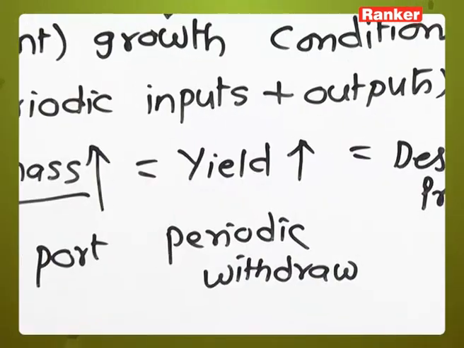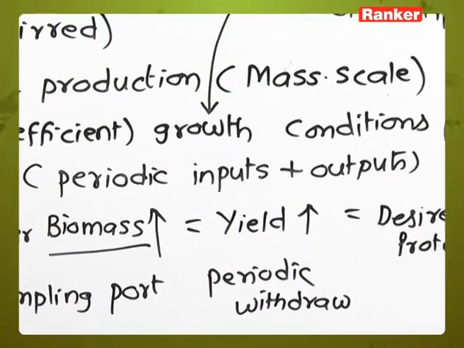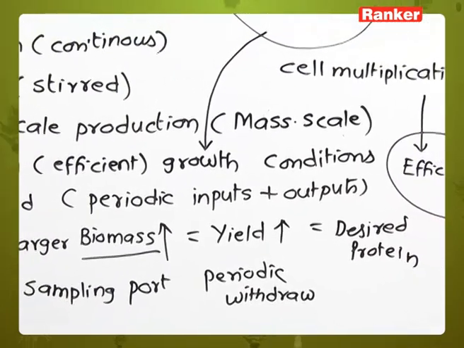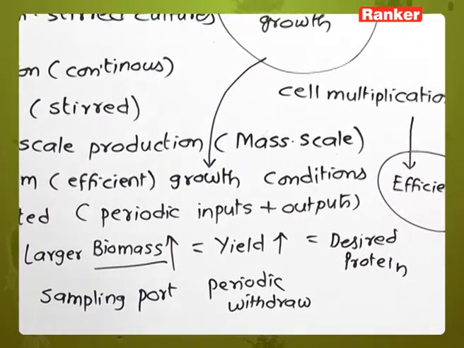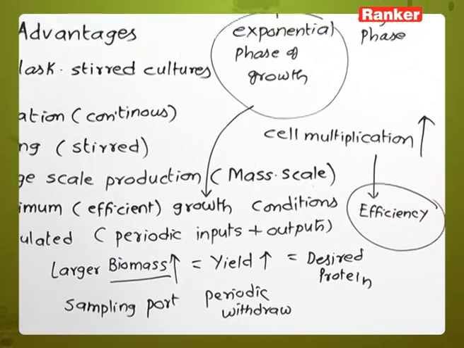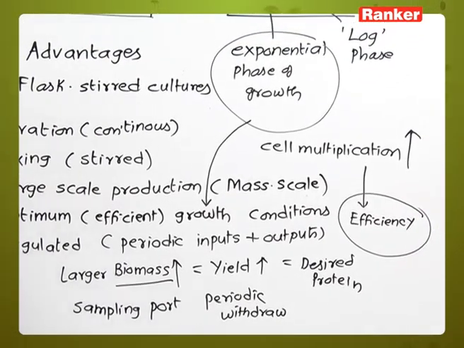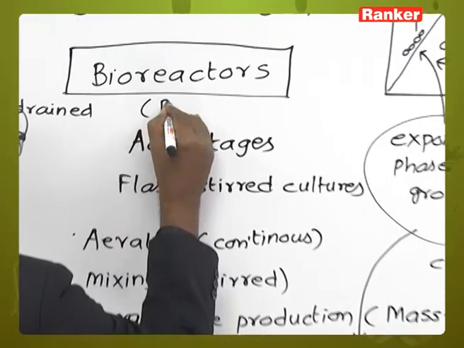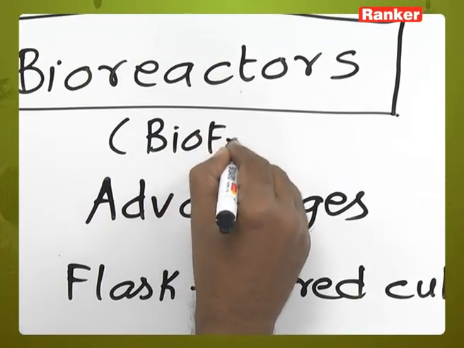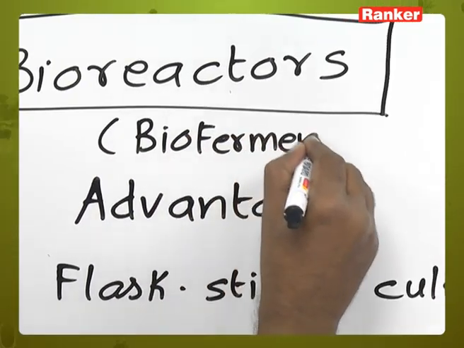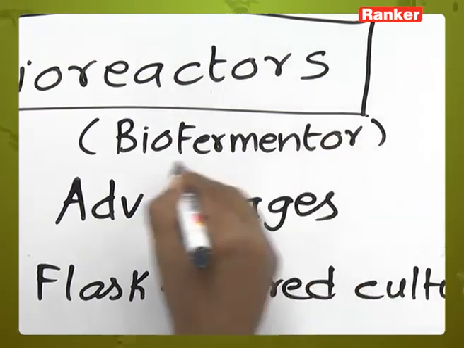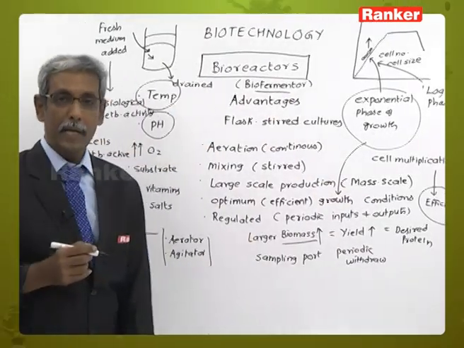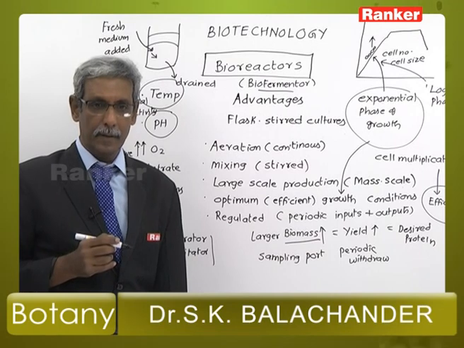And because it is primarily a method of growing cells under aerobic as well as anaerobic conditions, we also can call a bioreactor a biofermenter. It is popularly called a biofermenter.